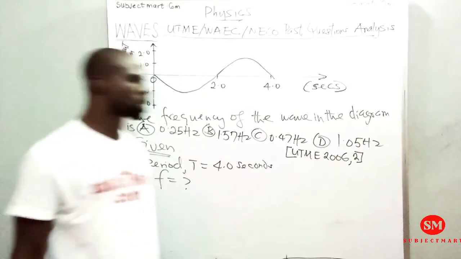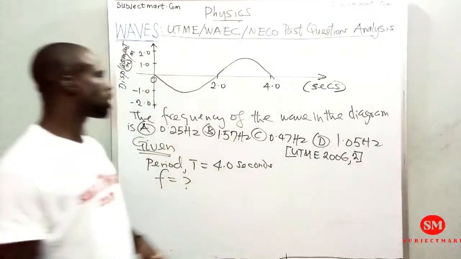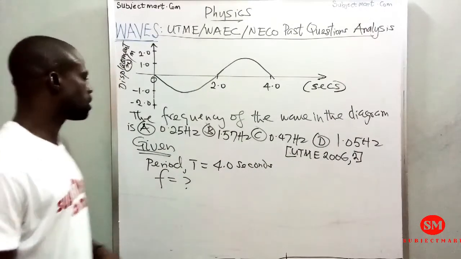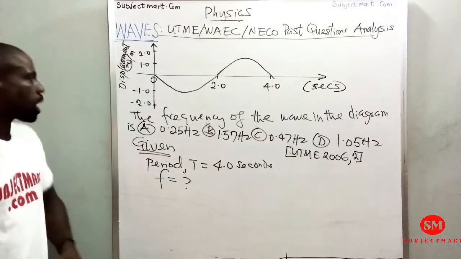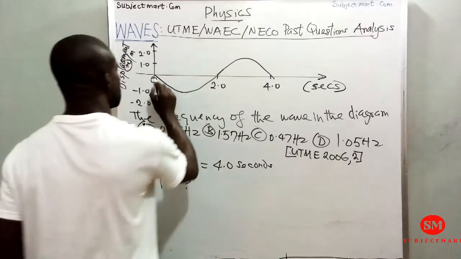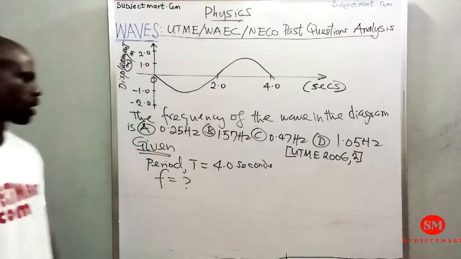Alright, this is number 2 from UTME 2006. The question says, the frequency of the wave in the diagram is dash, dash, dash. Now, look at the diagram. What are we given? We are given a wave with a complete cycle within 4 seconds. So what is the frequency? Very simple.